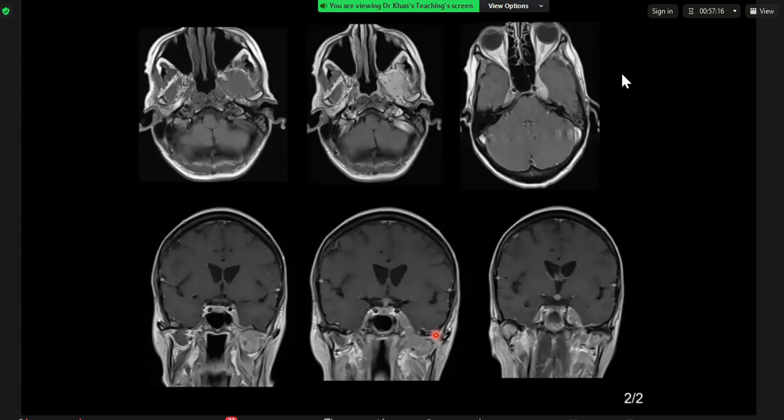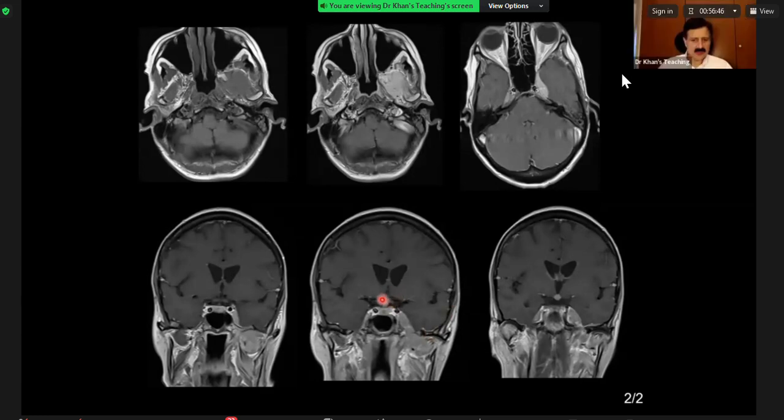And there's the normal vascular flow void still preserved here. So this is a predominantly muscular lesion, enhancing, with intracranial extension. It is not in the midline, it's off the midline. There's no cortical bony destruction I can see.